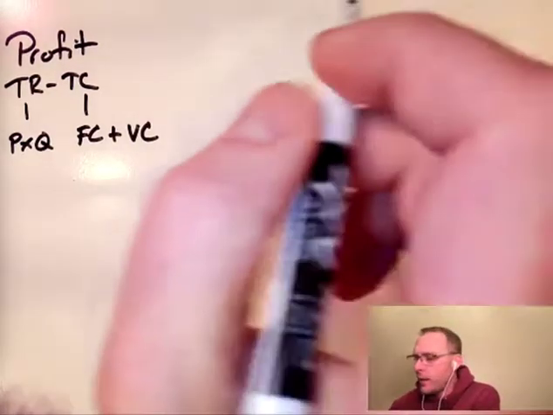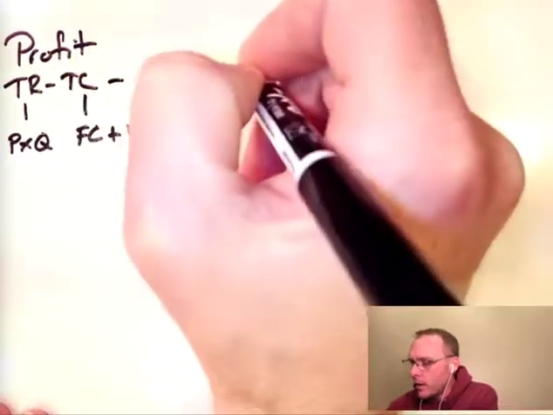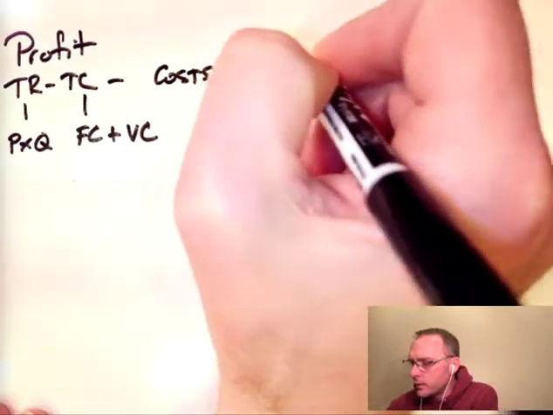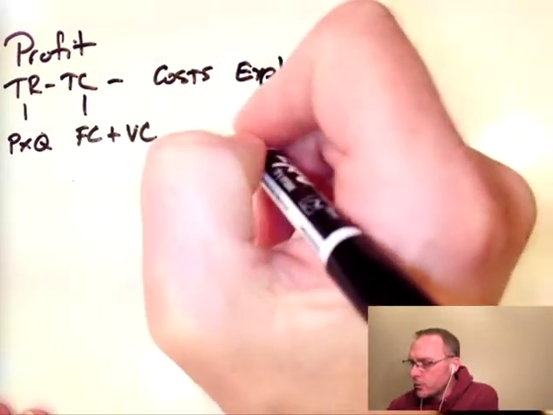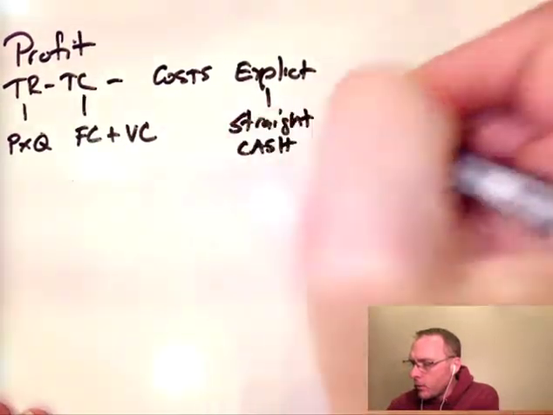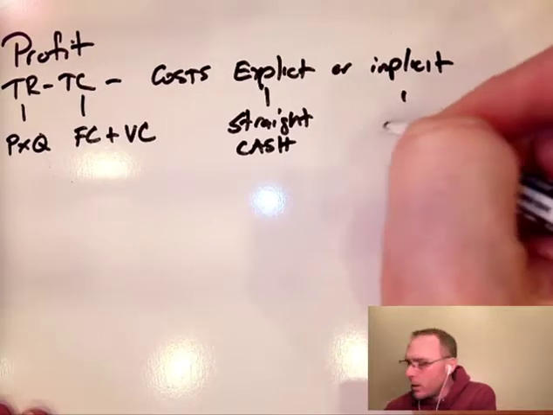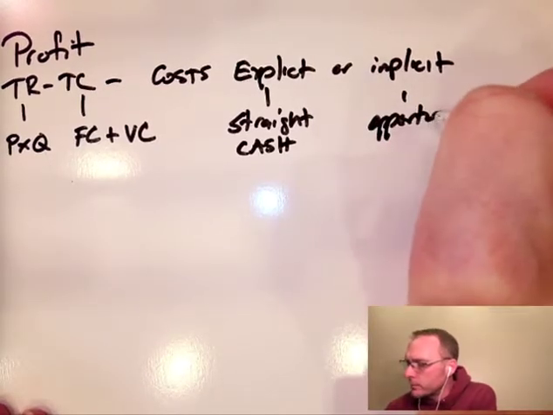So as I'm looking at my types of costs, costs are explicit, which is straight cash, or implicit, which is basically your opportunity costs.